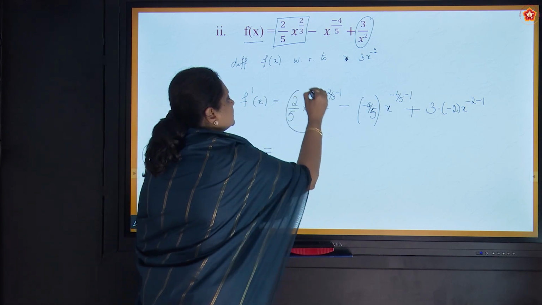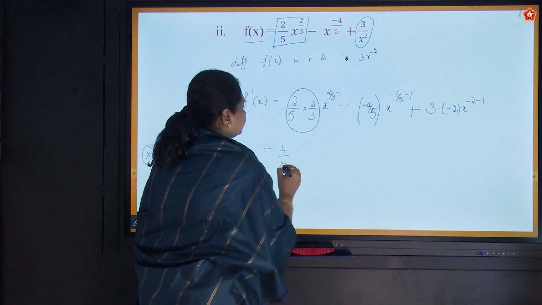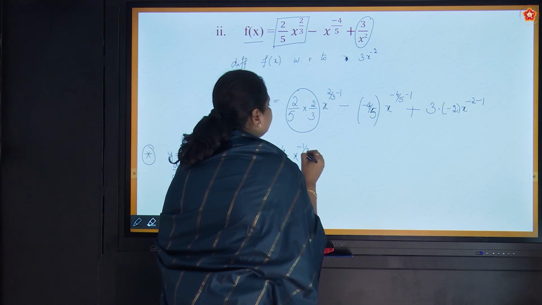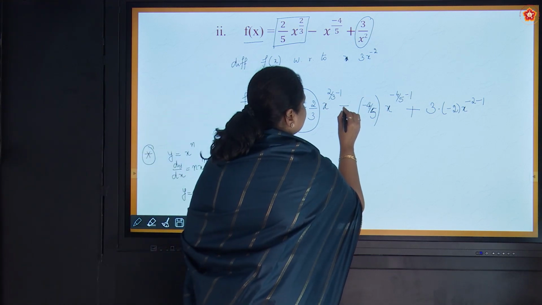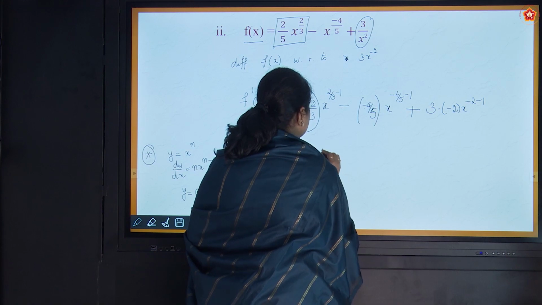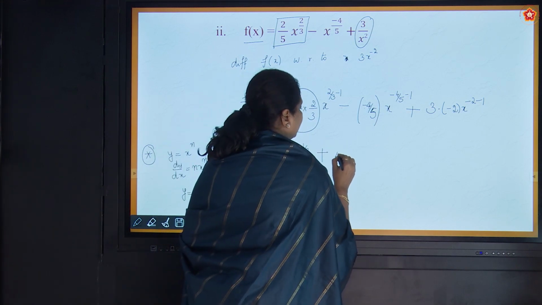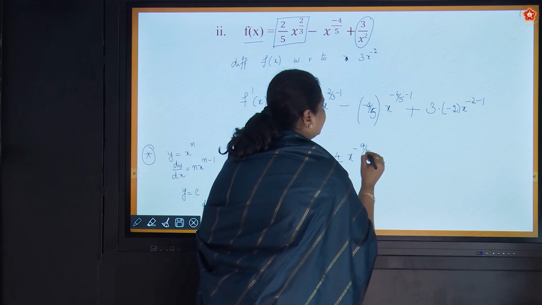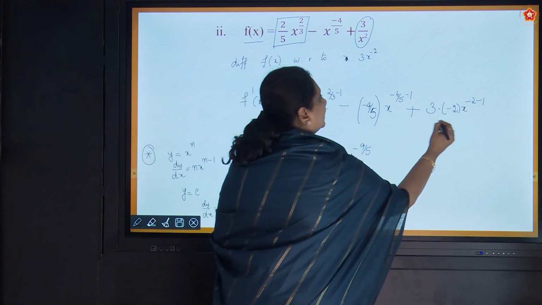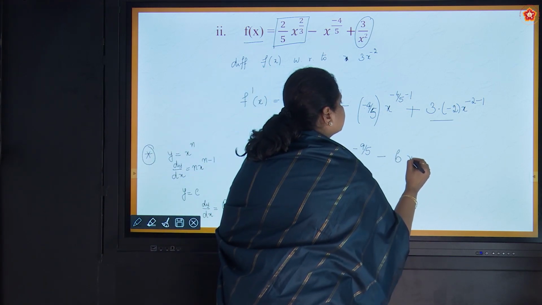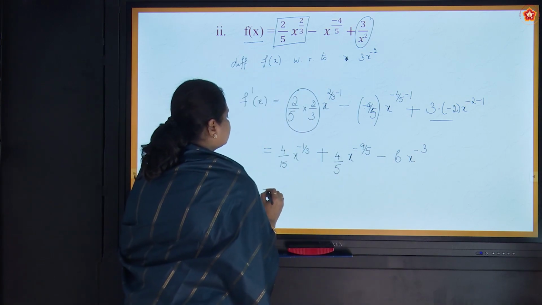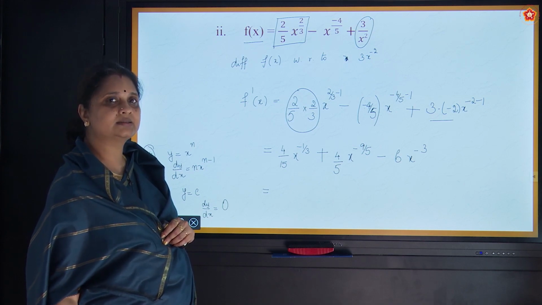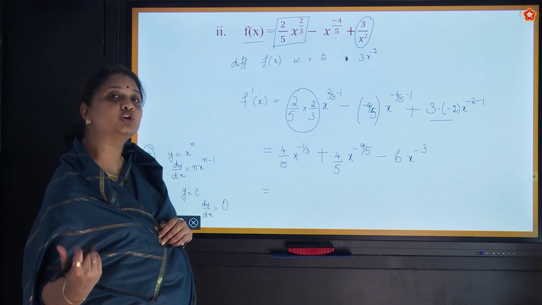So here, this becomes 4 by 15 x power 2 by 3 minus 1, which is minus 1 by 3. This minus and here minus becomes plus 4 by 5 x power minus 9 by 5 minus 6 x power minus 3. So always remember, whenever you have negative powers, when you write the answer, it's always good to express it in terms of positive powers.